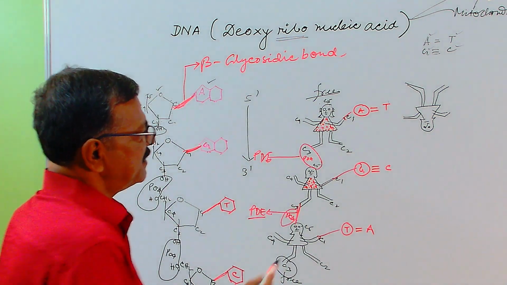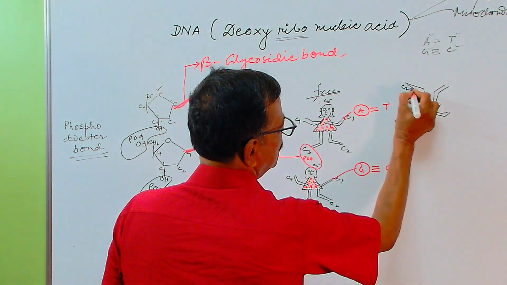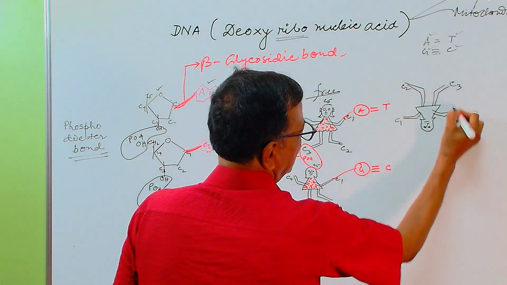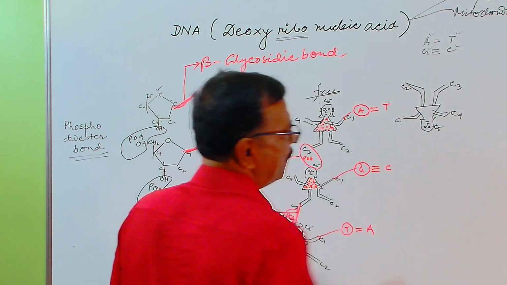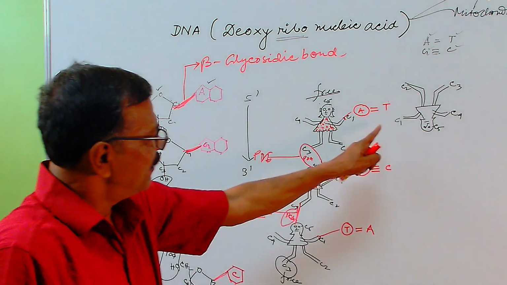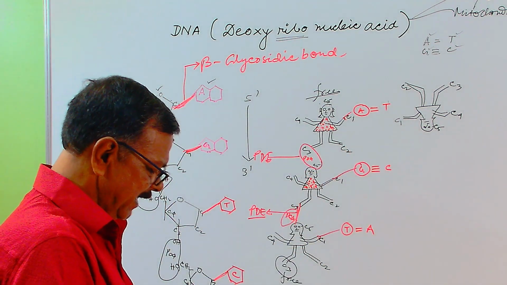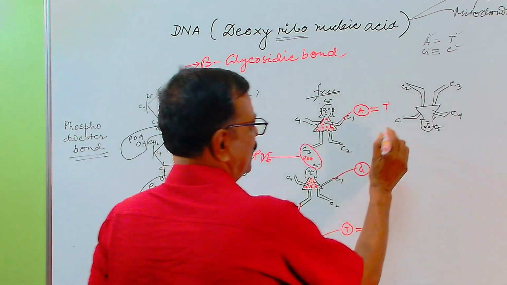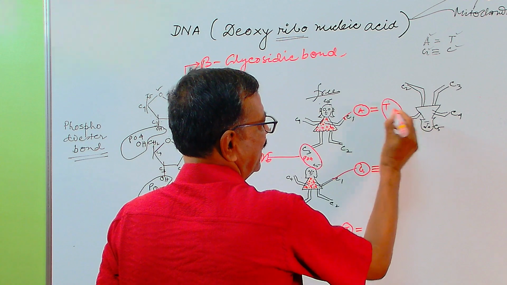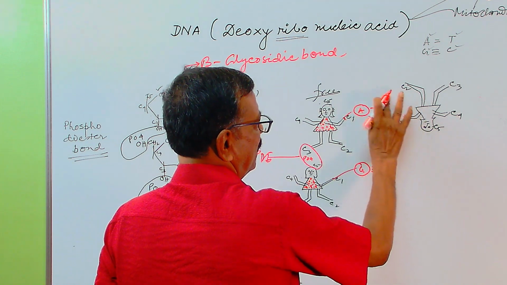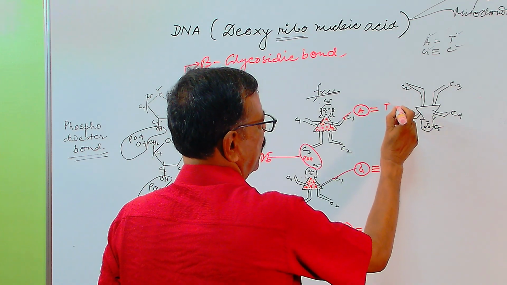Now it will make sense. That is C1, C2, C3, C4, this is C5. Clear? Now this C1 will join with the thymine base, or it will hold the balloon here by beta-glycosidic bond.